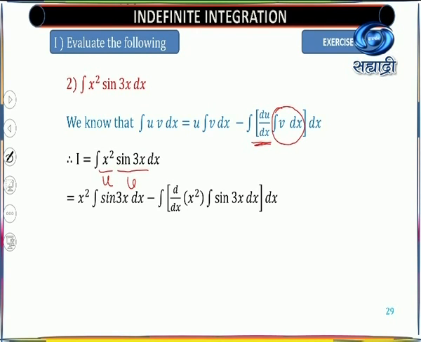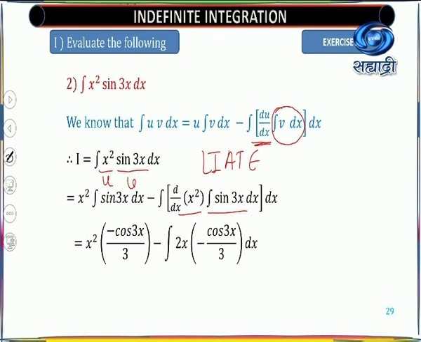We are selecting by our rule LIATE. So now x square into integral of sine 3x dx minus integral of derivative of x square into integral of sine 3x dx, that means integration of the product of whatever the result is. So we'll start with that.